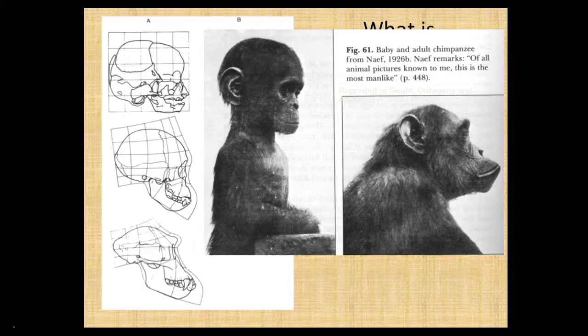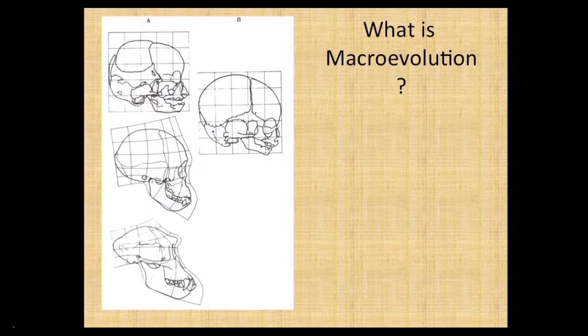And you can see how that corresponds to sort of between these two phases of development. Still very upright, lots of features that are similar to us. And the adult is quite different. So even without fossils, it might lead you to think, what would I expect to find in the fossil record? One thing you might look for is the developmental sequence. Here's a baby human, really quite similar to the baby chimp.